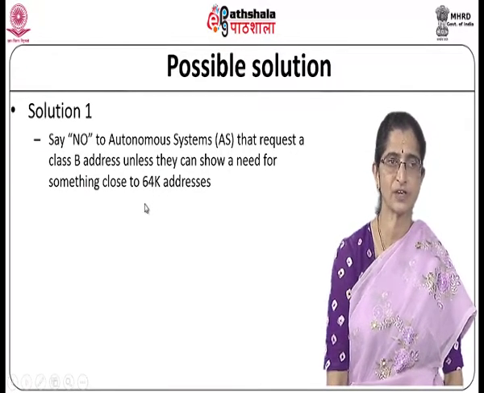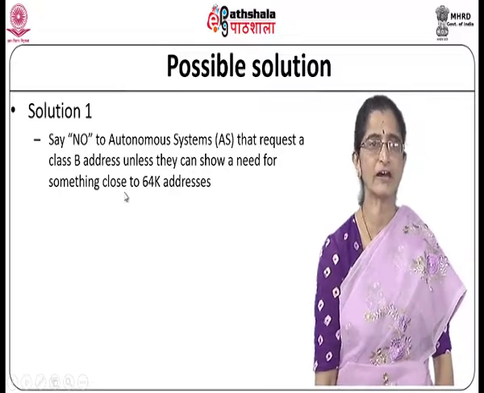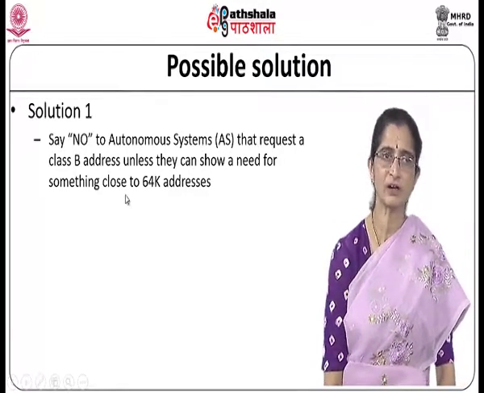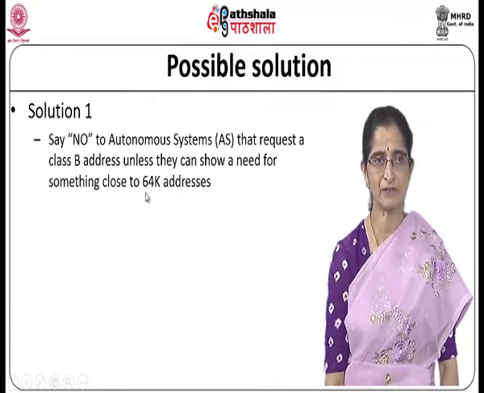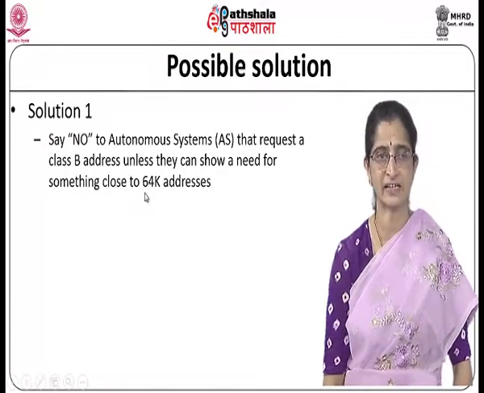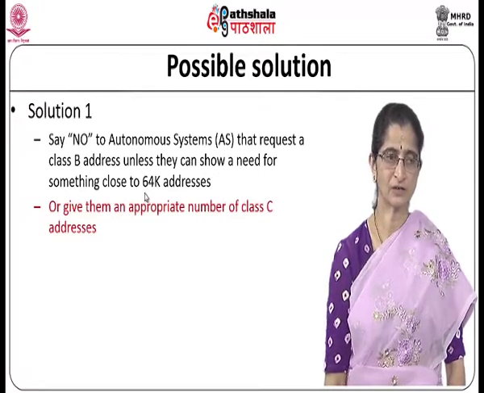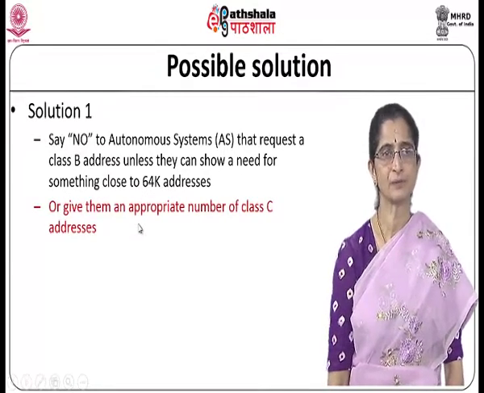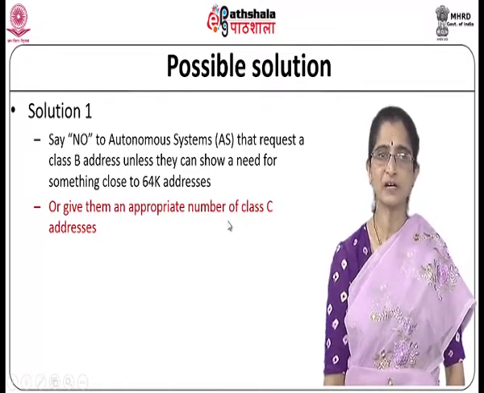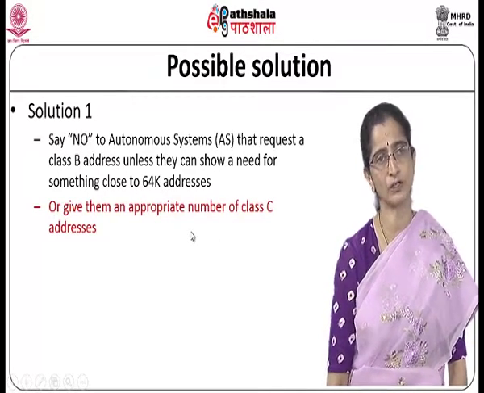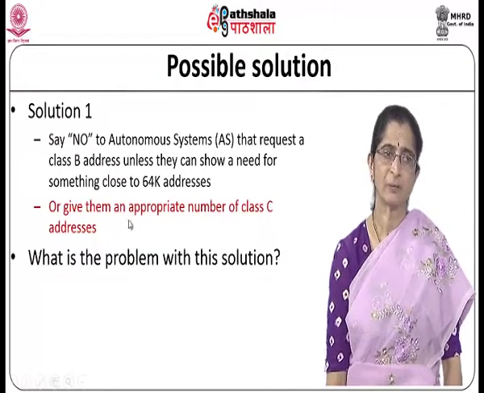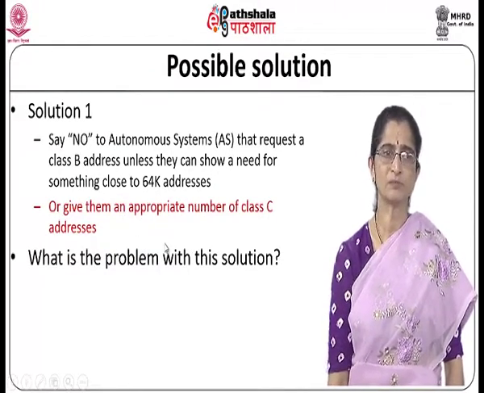You just say no to an autonomous system or a domain which is asking for a class B address, even though it does not really need 64,000 different addresses. That is one solution. Another solution could be that you give them an appropriate number of class C addresses. As I just mentioned, if I want 1024 addresses, you take 4 class C addresses. So that is an option. But we already saw what the problem with this kind of solution is.